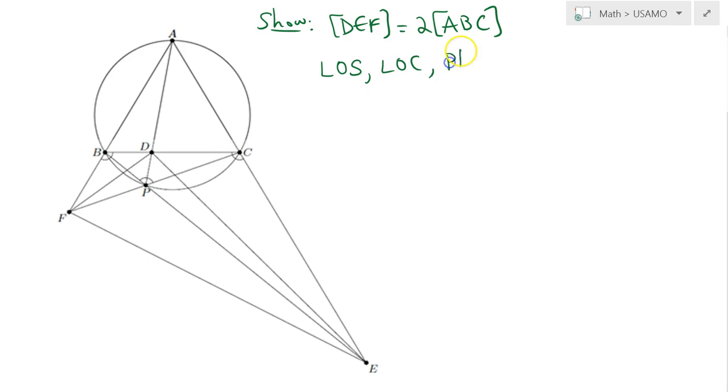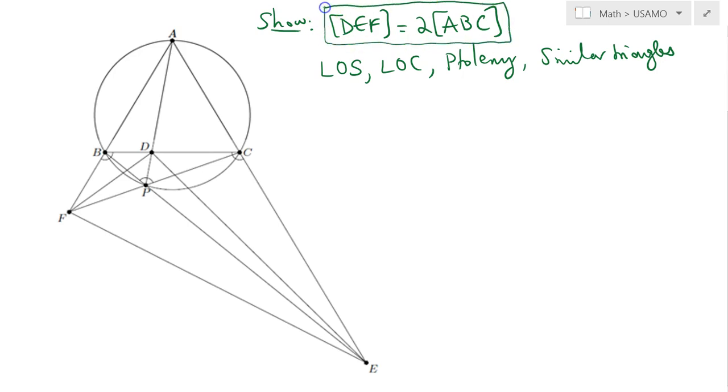As a result, we can also use Ptolemy and probably also some similar triangles as well. So we'll try to use these formulas or concepts in order to derive length relationships. But first, let's try to find an alternative representation of this result. I claim that showing this will be equivalent to another result.